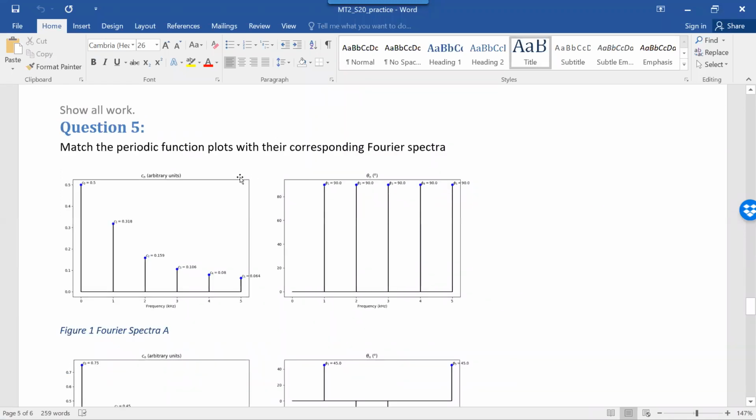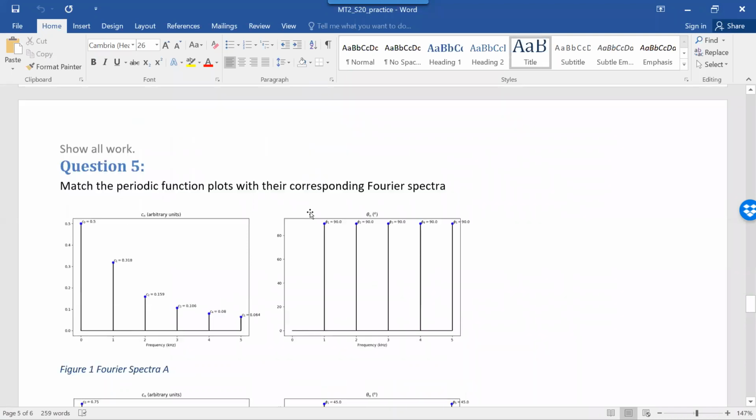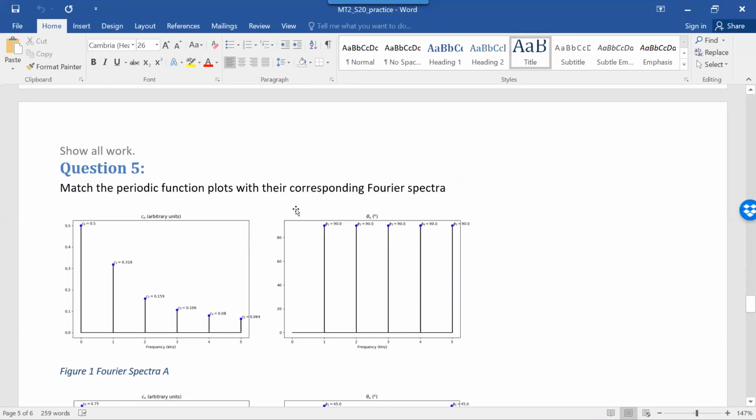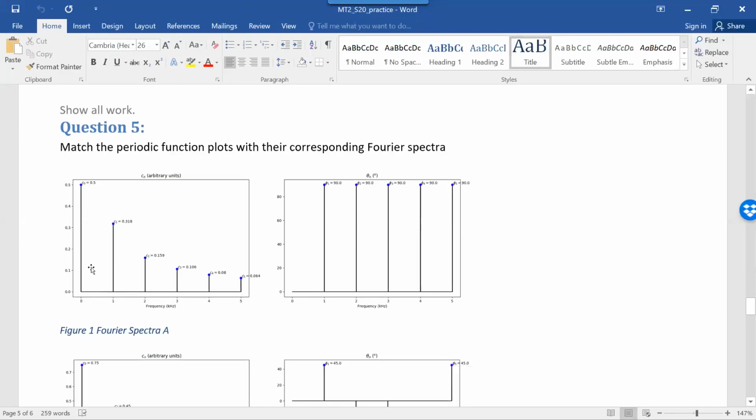So what we have are some spectra. You take the Fourier, you find the Fourier coefficients, and you convert the A's and B's into magnitudes and phase. So here's one where the DC part is a half, and then there's a constant at every harmonic, and then the phases are all 90.